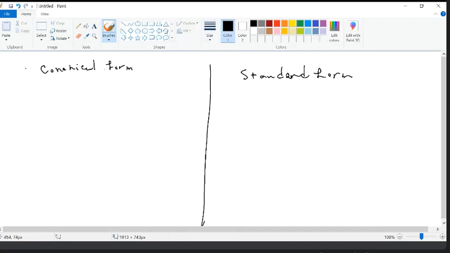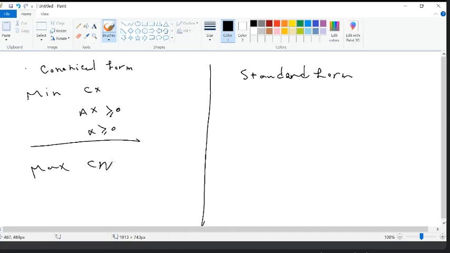In canonical form, we have minimize cx, Rx greater than or equal to b, x greater than or equal to 0. And the maximized form is cx, Rx less than or equal to b.